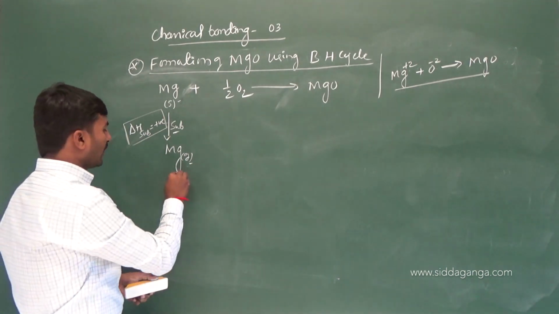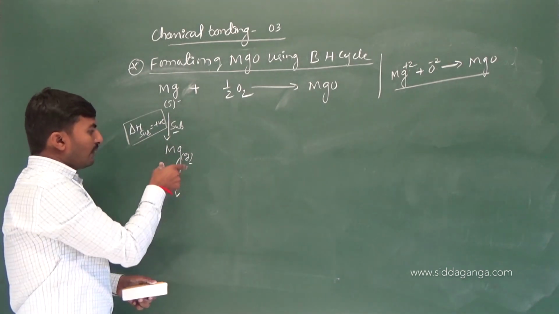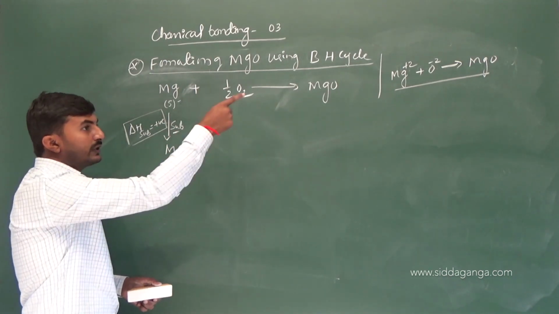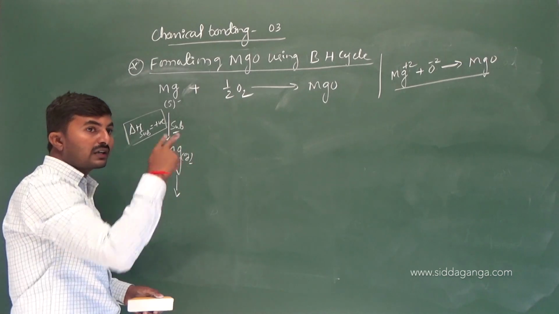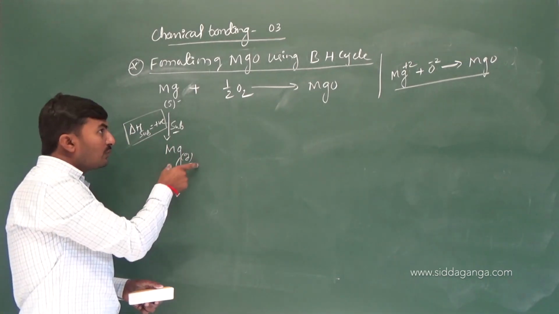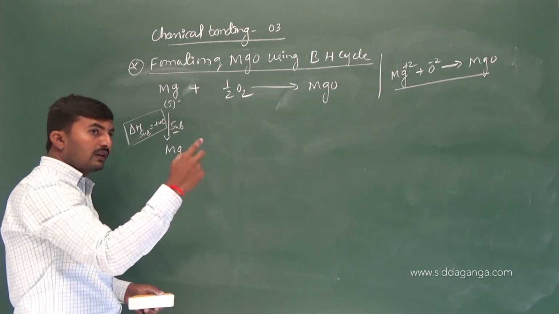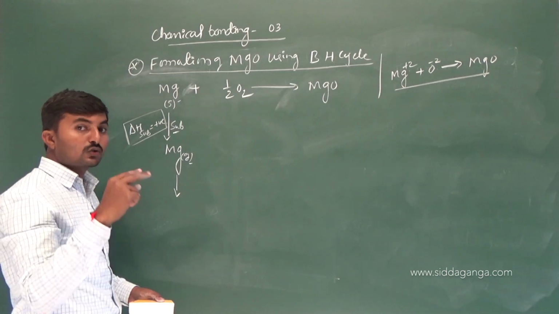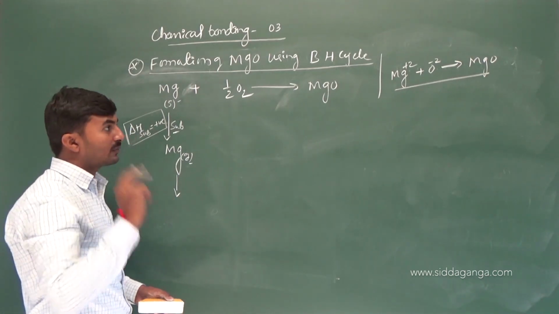Okay, followed by this, directly we cannot convert the magnesium atom into Mg+2 ion. We cannot remove both the electrons immediately. First we have to remove one electron, followed by one more electron. Removal of two electrons at a time is not possible.